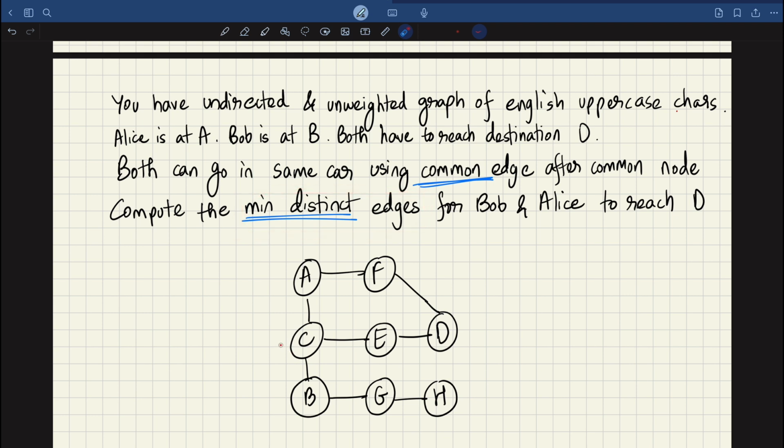Now in this case we already know that C is the best common node because the answer was the minimum, which was 4. How is it 4? Let's try to understand that part. So observe one thing, from A we are reaching C. So total number of edges from A is 1, plus total number of edges from B to C is 1, plus total number of edges from C to D is 2, and this is why we are getting the answer as 4.